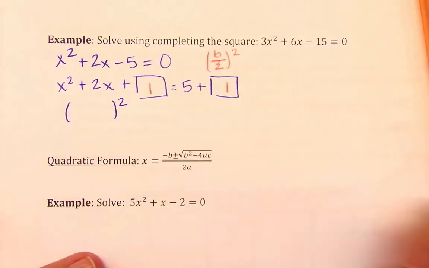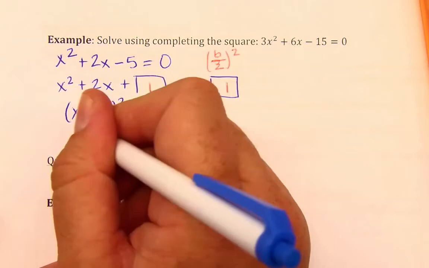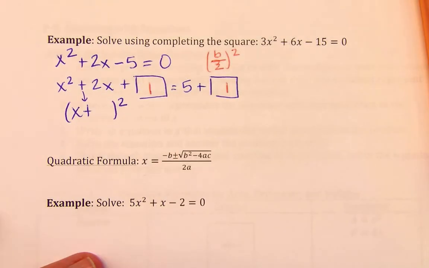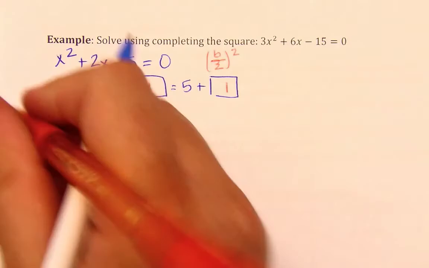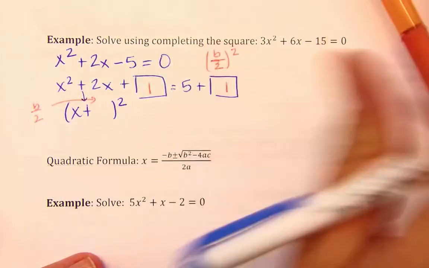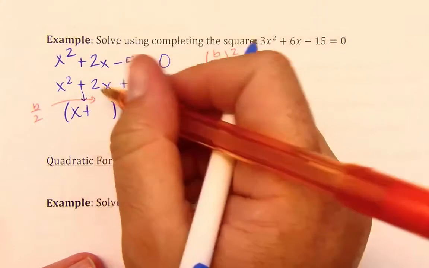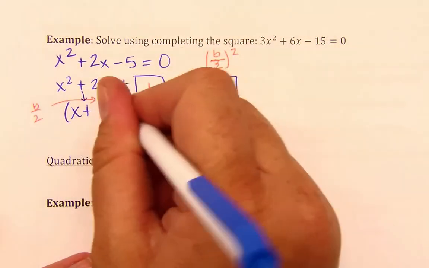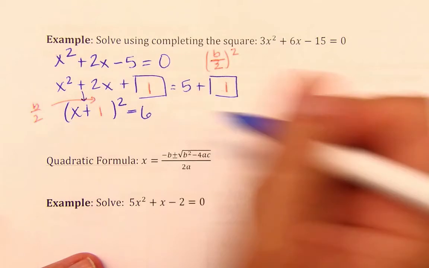Now in order to factor this perfect square, we're going to have x, bring down this sign here, and it's just going to be b divided by 2. And 2 divided by 2 is just 1. And 5 plus 1 was 6.